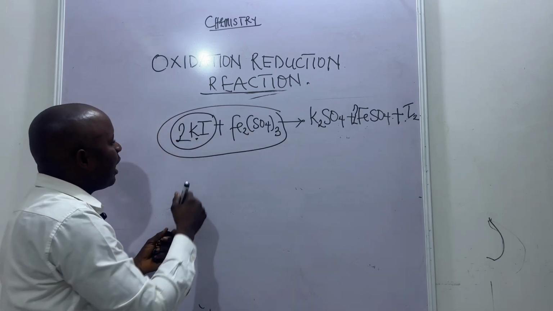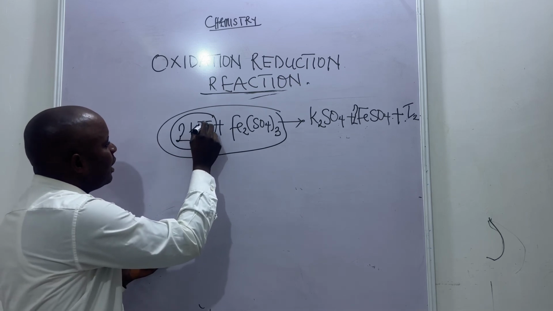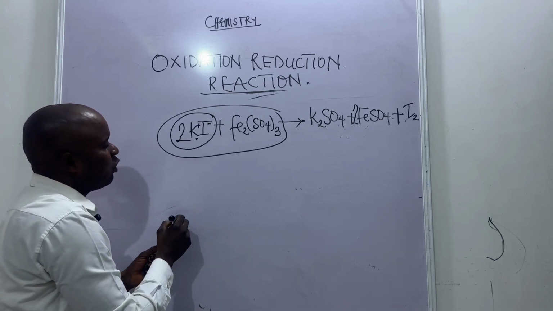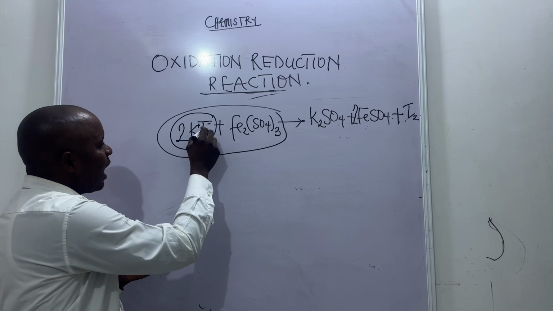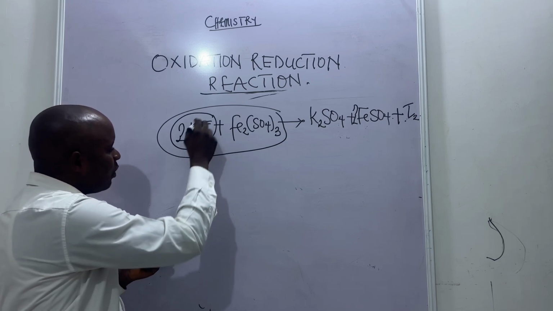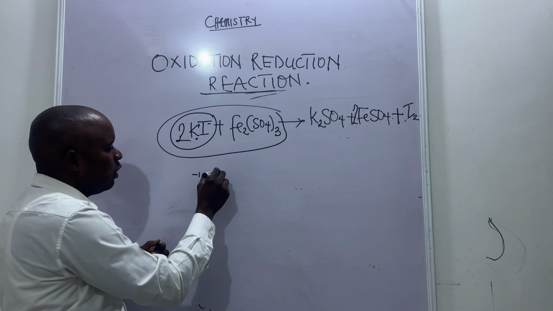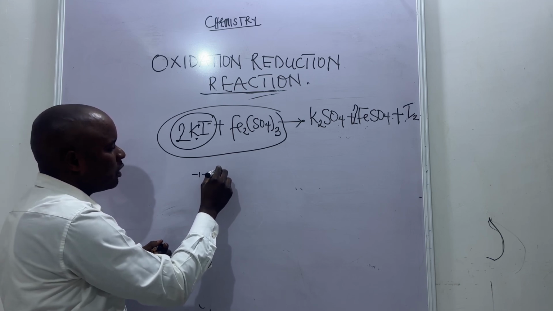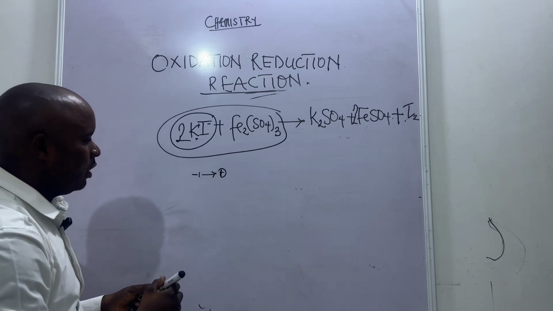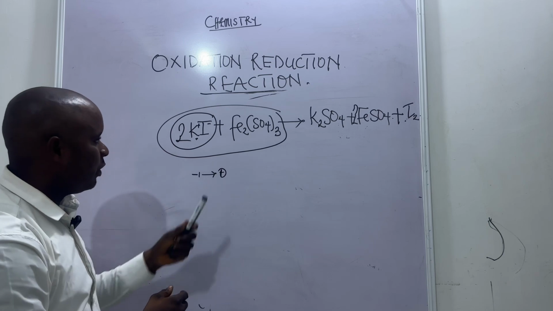For this, we have plus here, we have negative here. So iodine here moved from -1 to 0.